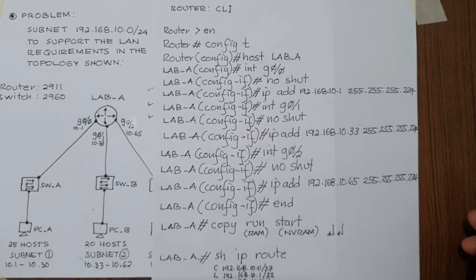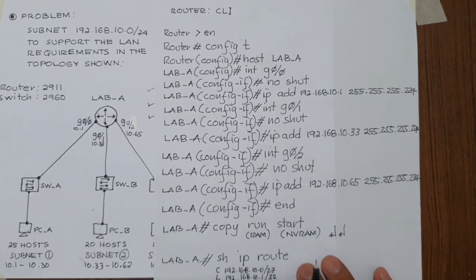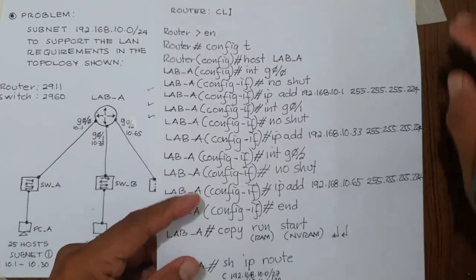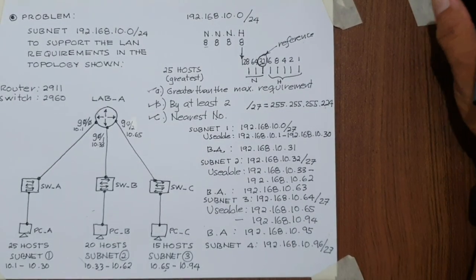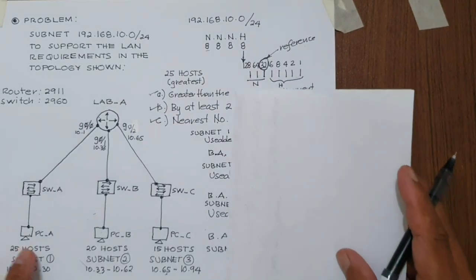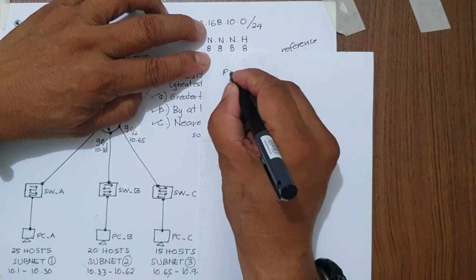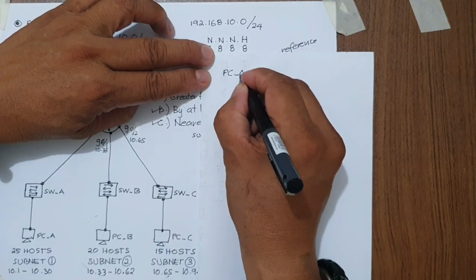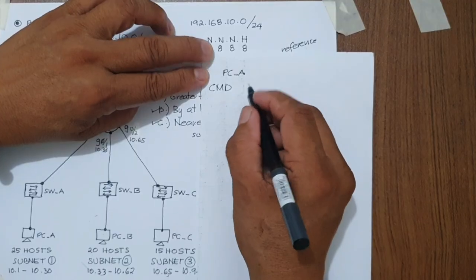So how do we test connectivity of a router? To test connectivity, we use PCA. From PCA, open the command prompt, the CMD prompt.